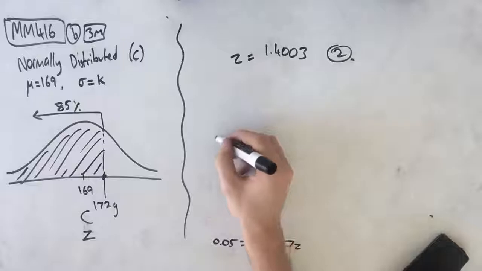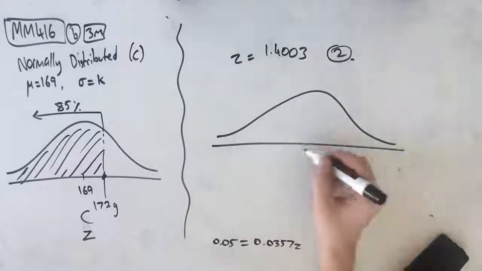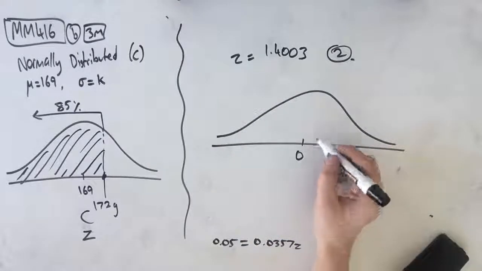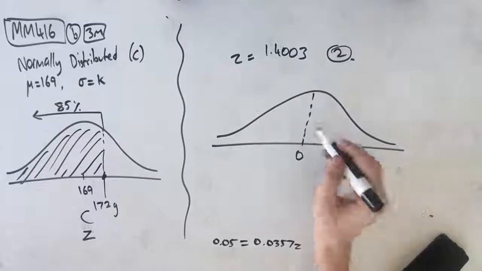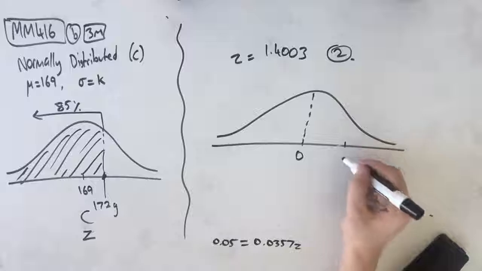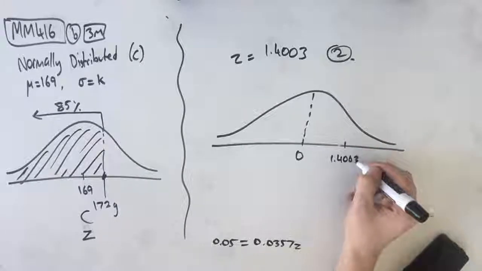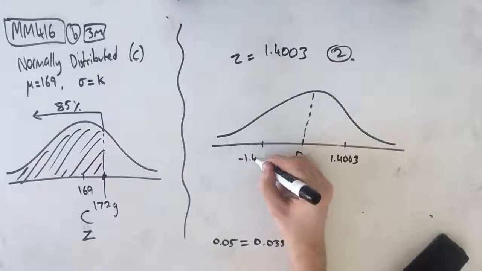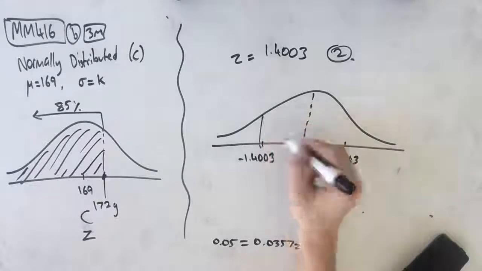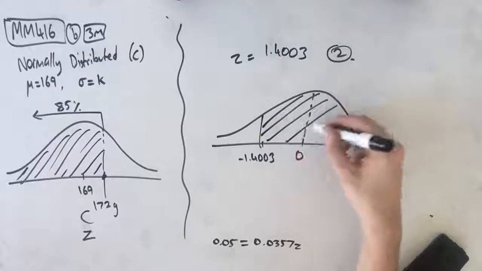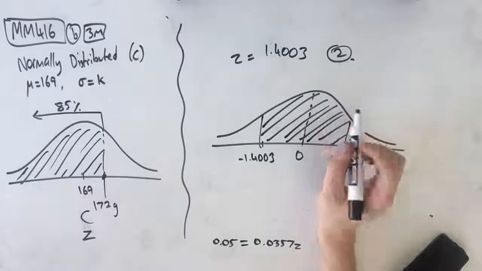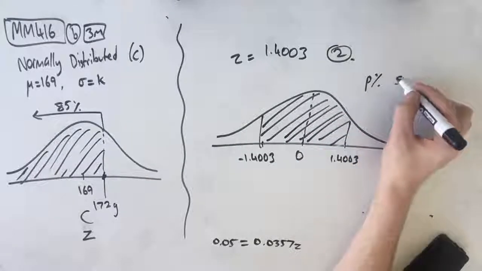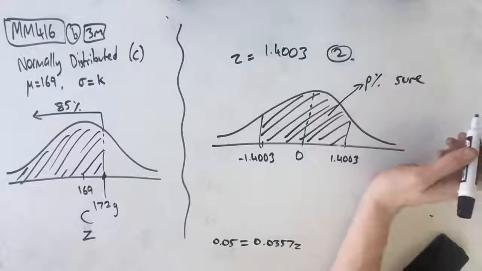So what this means is that on a normal distribution scale, we've got our mean of 0, which is our Z value mean of 0. If our Z value is 1.4003, it means we've got 1.4003 here, and then we take our negative version as well, and the area between here is the percentage sureness, or certainty. I don't think sureness is a word, but the certainty, right? So we are P% sure, and this is our P%, okay?